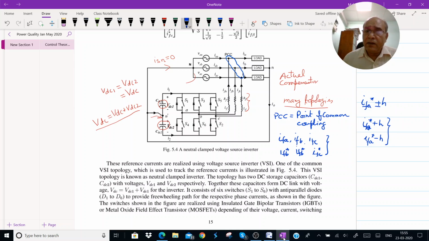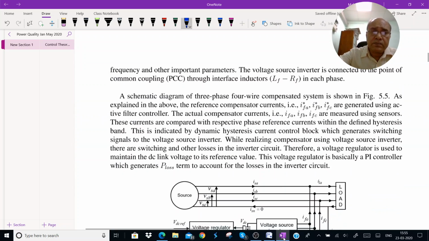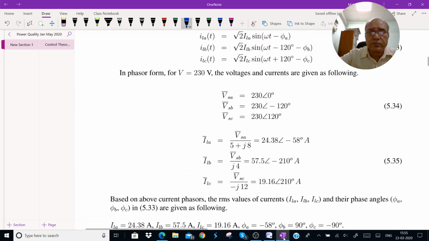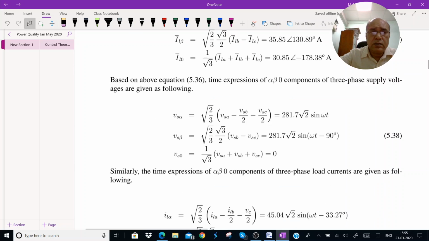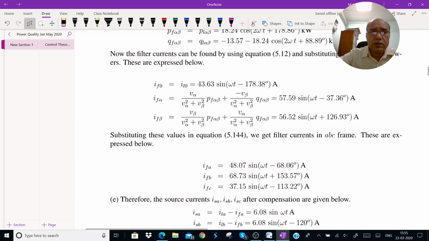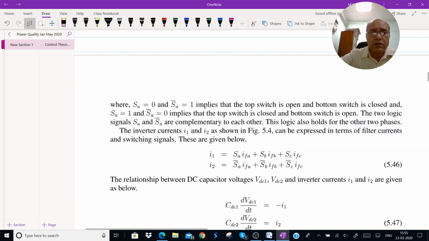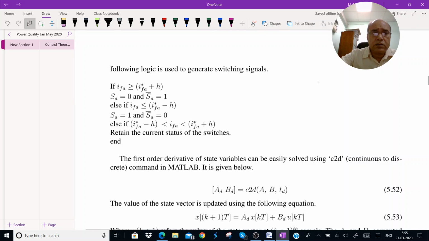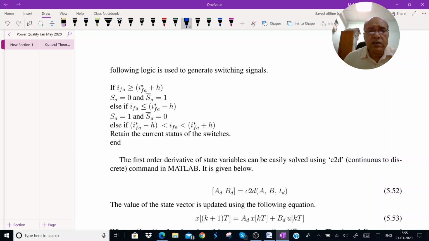If you remember, I have done this earlier. Maybe I can go through this logic before I go further. Logic is here. Now as you can see, this is called hysteresis current control.